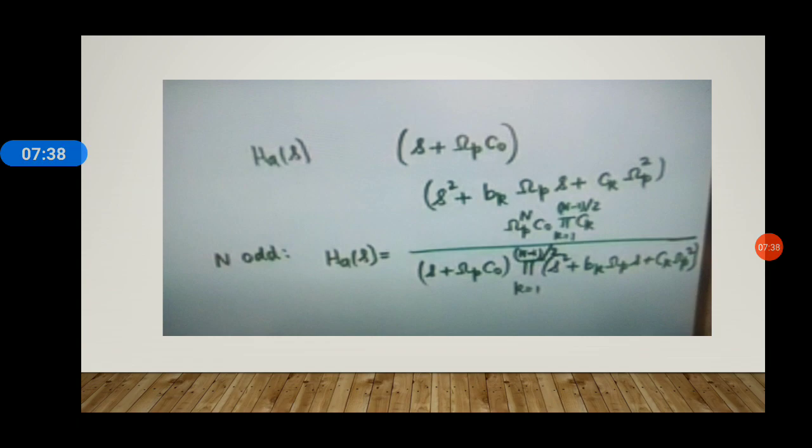As compared to our previous Butterworth filter, where there was a real pole at S equal to omega C for odd n, here the real pole is at omega p C0. So the equation for HAS when n is odd is given here. BK, CK are yet to be mentioned.